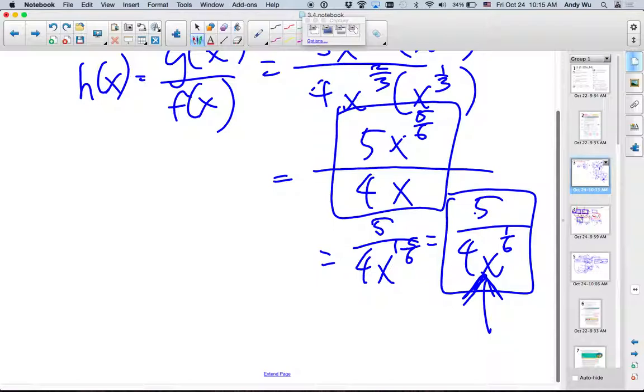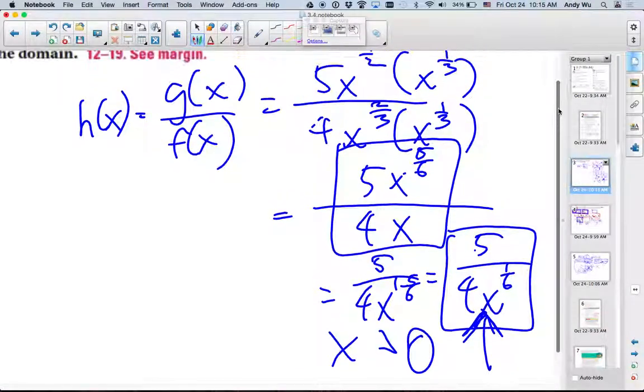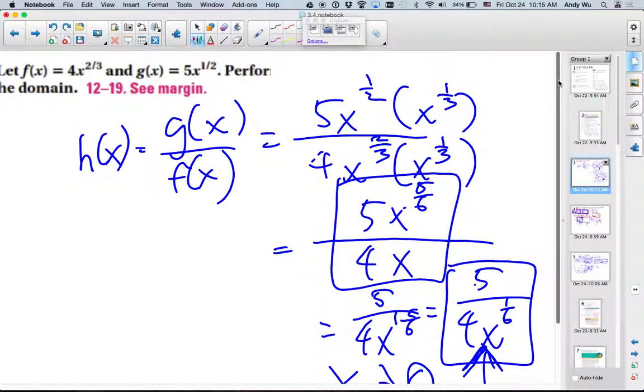So in this case x has to be greater than 0, not equal to. You always have to backtrack and check right when you plug in g and f, and make sure they're okay.